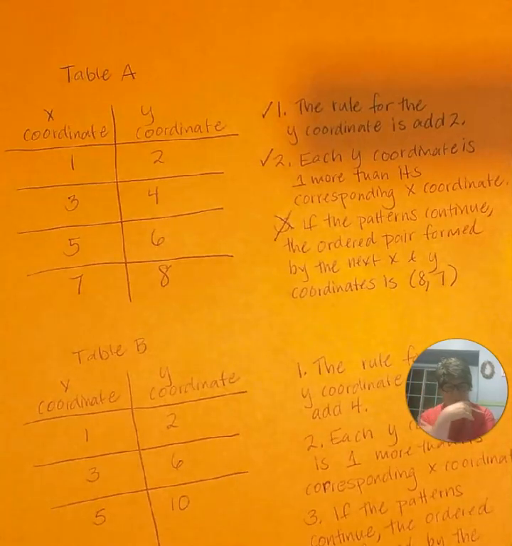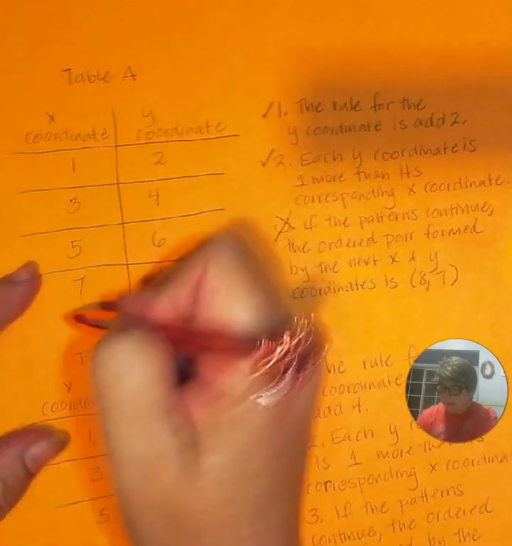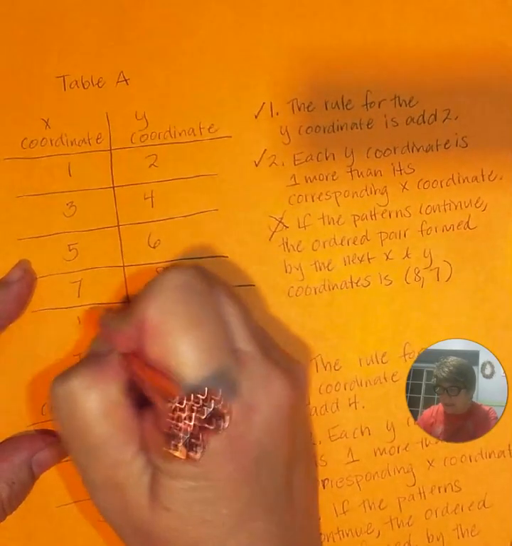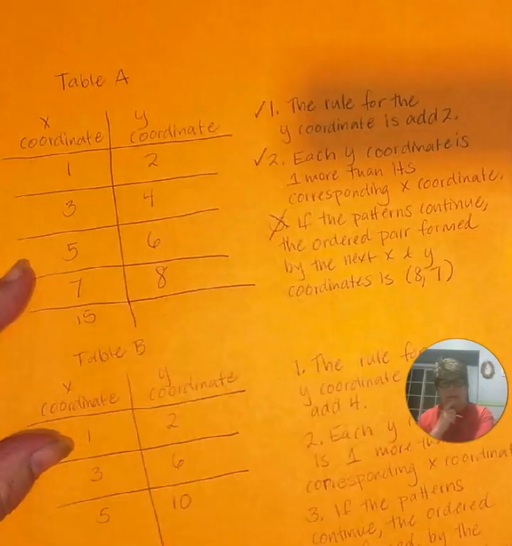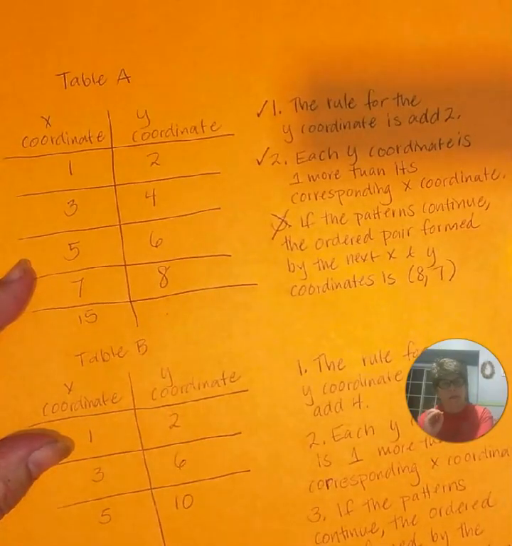Okay, and if the patterns continue, what is the y coordinate when the x is 15? Okay, so if the x is 15, what would our y be? Do we have to go the pattern to figure it out? It would be 1 more, right?